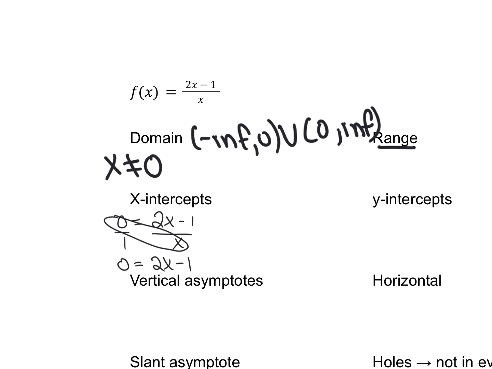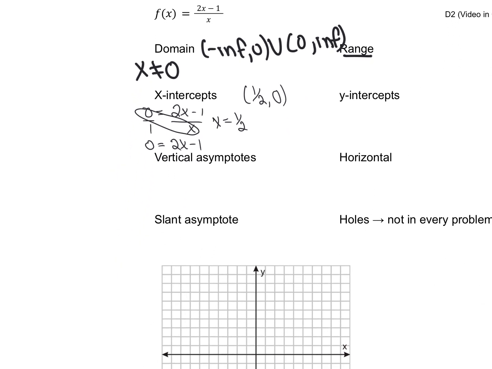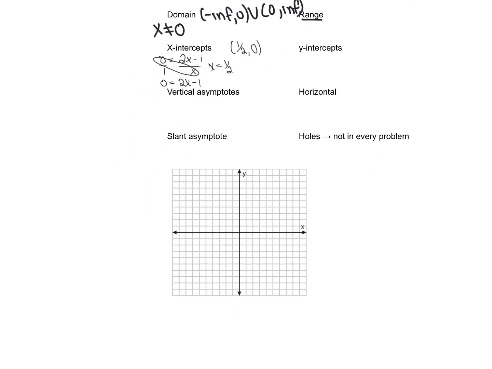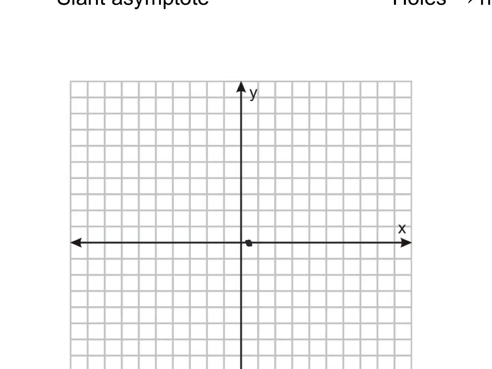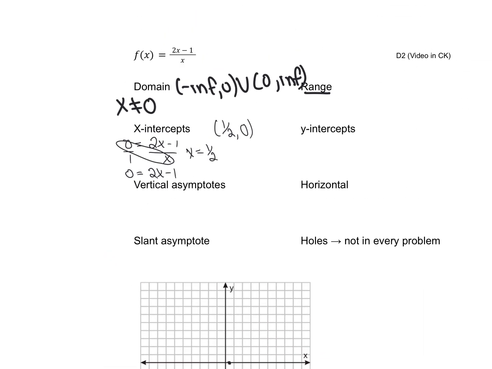If I add 1 and divide by 2, I get x equals 1/2, which means my x-intercept is an ordered pair at 1/2, 0. So let's put that down here on our graph at 1/2, 0. That's our x-intercept. We have one little point that we know so far.